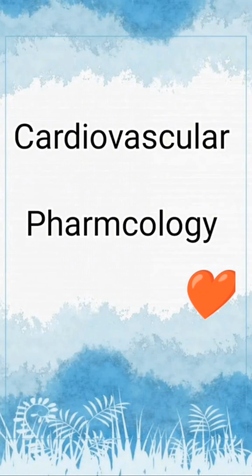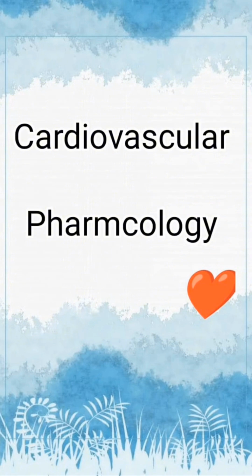Let's talk about lipid lowering agents. There are certain classes of drugs we use as anti-hyperlipidemic medicines. The first is HMG coenzyme A reductase inhibitors, for example, atorvastatin, simvastatin. Then bile acid resins like cholestyramine, colesevelam, and then ezetimibe, then fibrates like gemfibrozil, bezafibrate, fenofibrate.